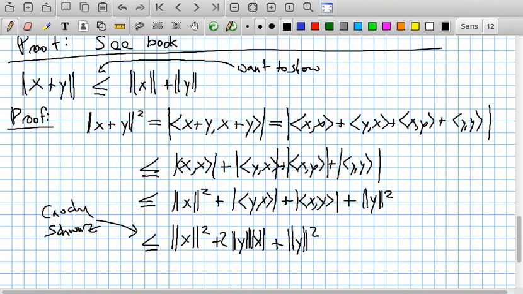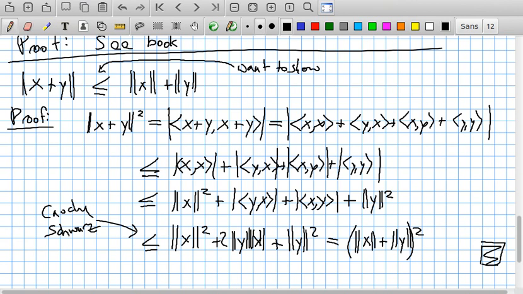And then you say, hey, wait a moment, I could factor that. And then you just remove the squares and you are done. So the Cauchy-Schwarz inequality is really essential to see why this thing is a norm. Okay, enough said on norms for the moment.